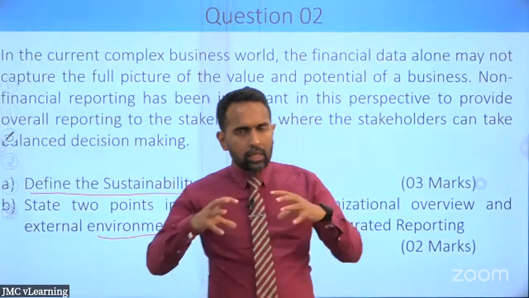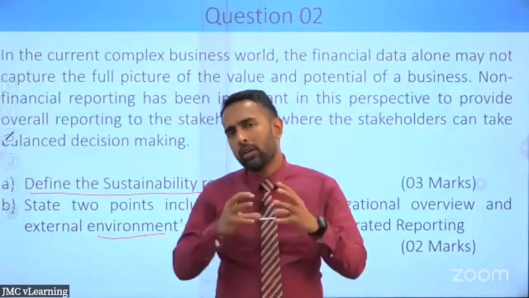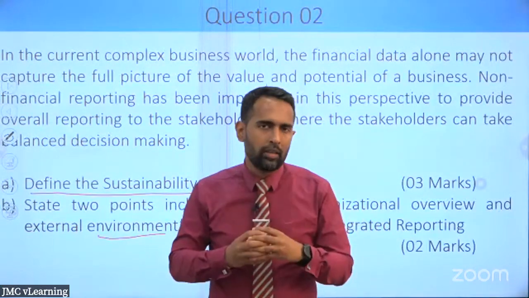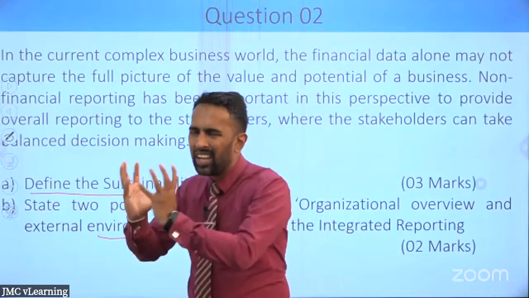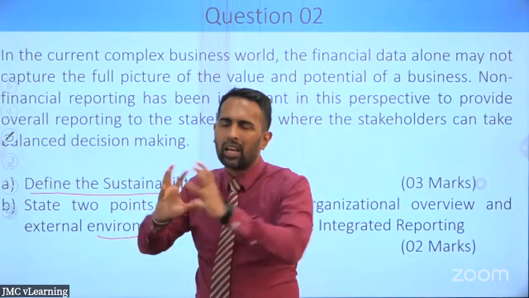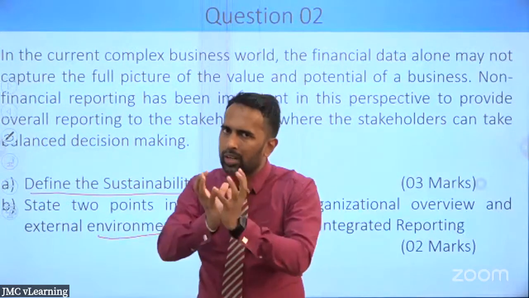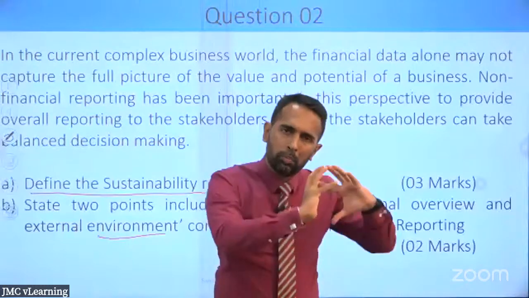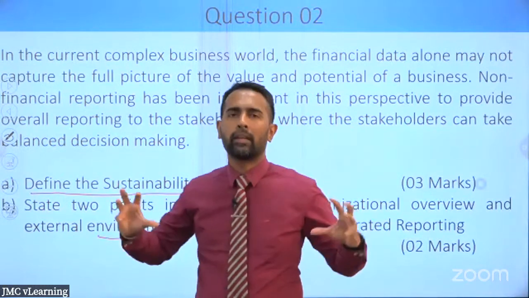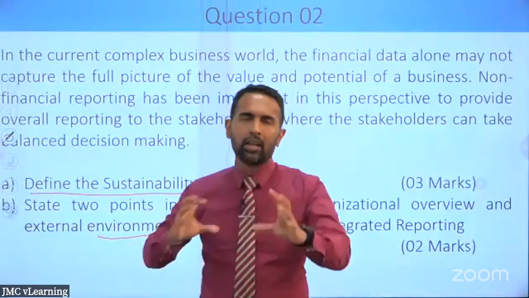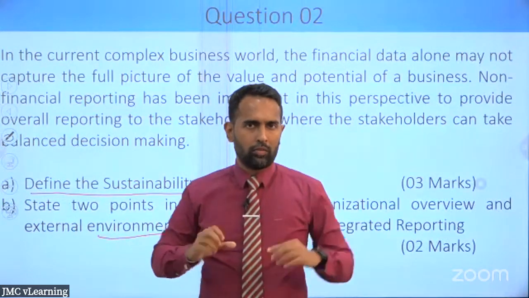Then they created a model called sustainability reporting. That's a report which covers the financial or economic aspect, the ecological or natural aspect, and the societal or people aspect. So we report on this triple bottom line: people, planet, and profit.